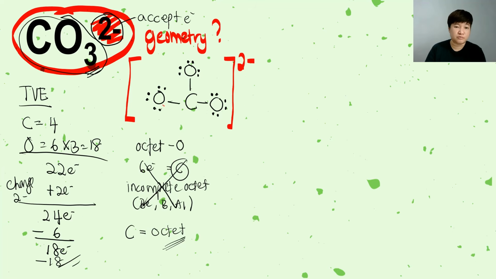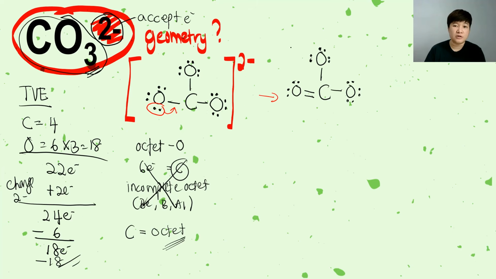So how can carbon be octet when it only has 6 electrons around it? Simple. We are going to move the lone pair from any one of the oxygens to become the double bond. So you are going to have your new Lewis structure, which will look something like this. Double bond oxygen with only 2 lone pairs left.